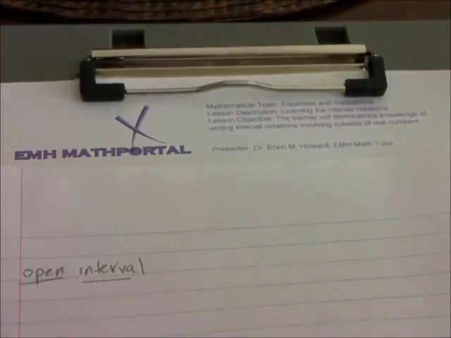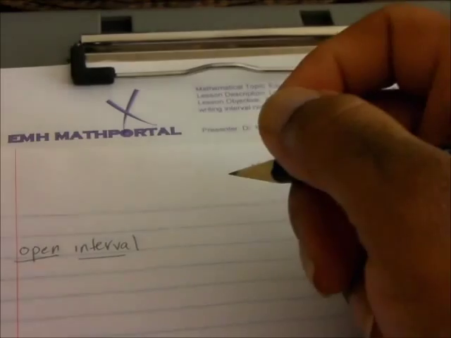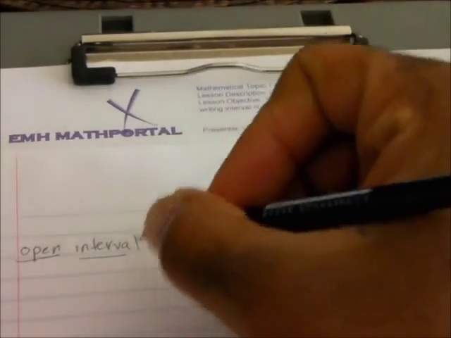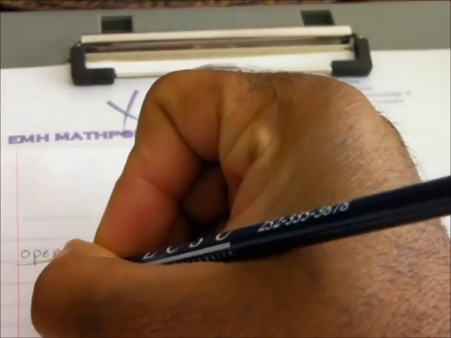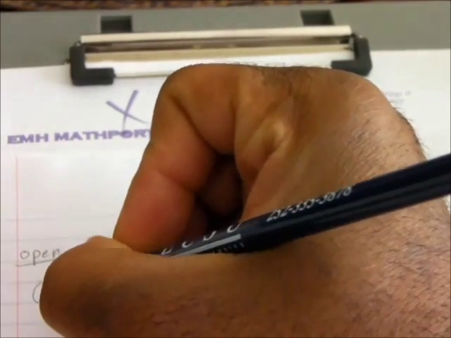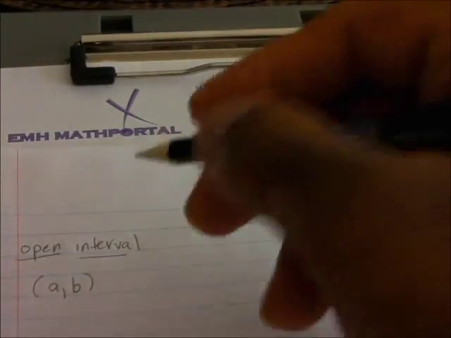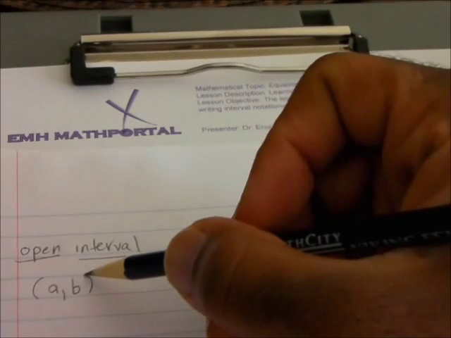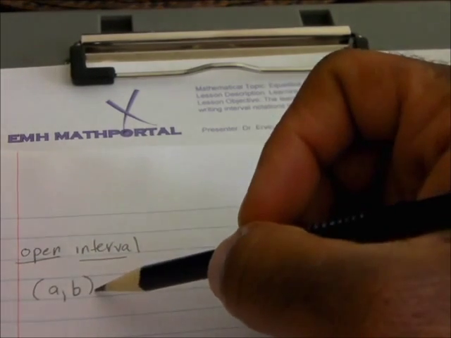Okay, the open interval is defined by the set builder notation. And I'm going to give you the example and what defines the open interval. It involves two numbers, and these two numbers are labeled as A and B. Now the open interval in this case involves two parentheses, one on the left and one on the right.